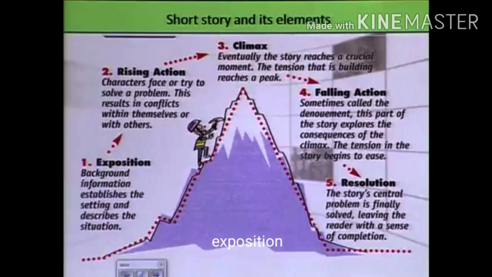The tension in the story begins to ease. Number five is resolution. The story's central problem is finally solved, leaving the reader with a sense of completion. Now we have discussed the five elements of plot.